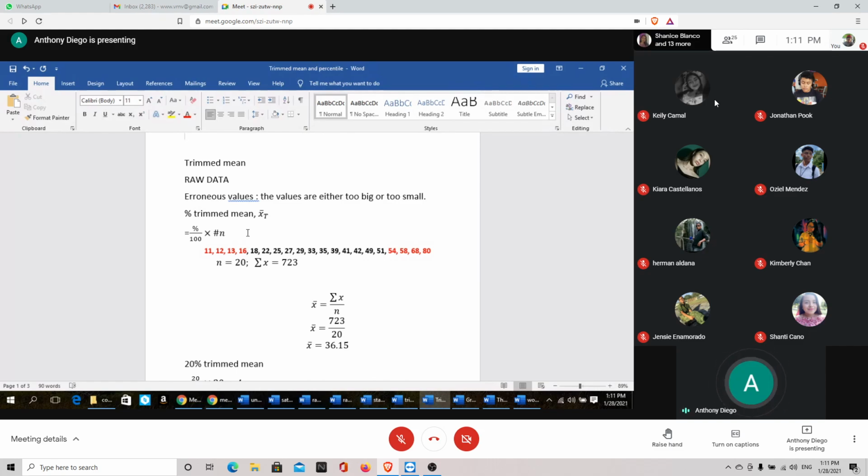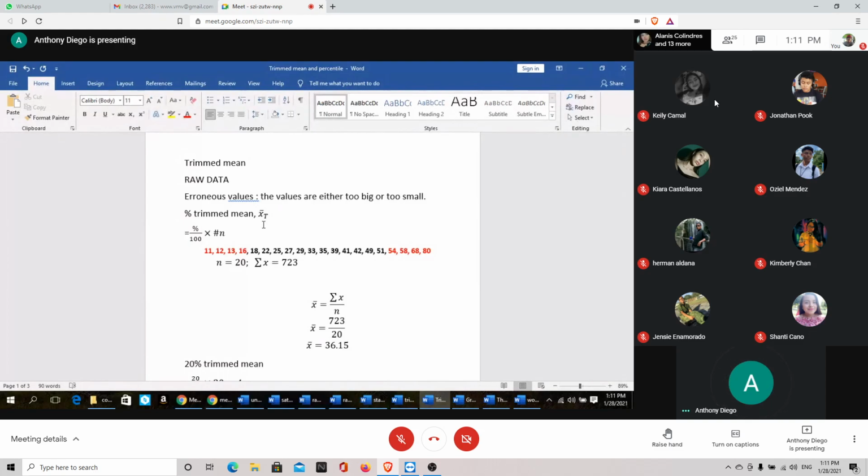They are either too large or too small. Now, those types of values that are either too big or too small are known as erroneous values. So erroneous values are values that are either too big or too small.